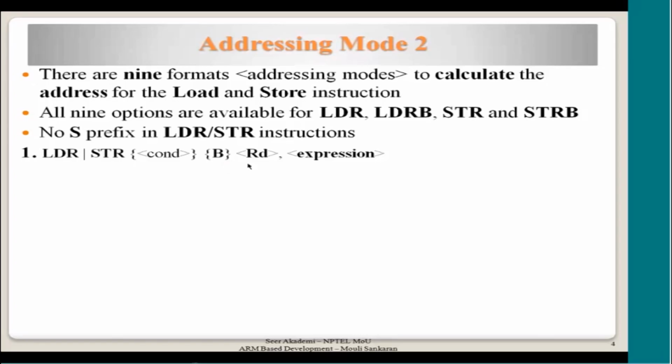Then there is a destination register, whose value is either stored into the memory or into which the value from memory is copied. Now, what is this expression? This part of the instruction is what we are going to discuss in this addressing mode: how we generate the address from which we want to access memory, that is, the address at which we want to do this data transfer.